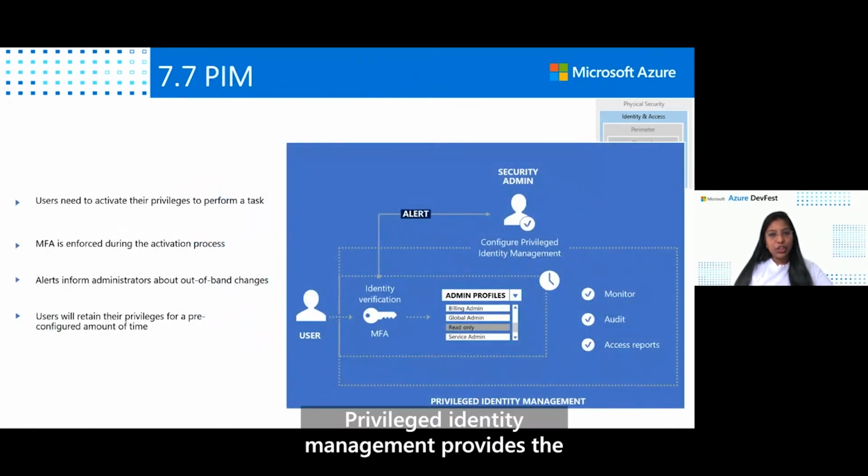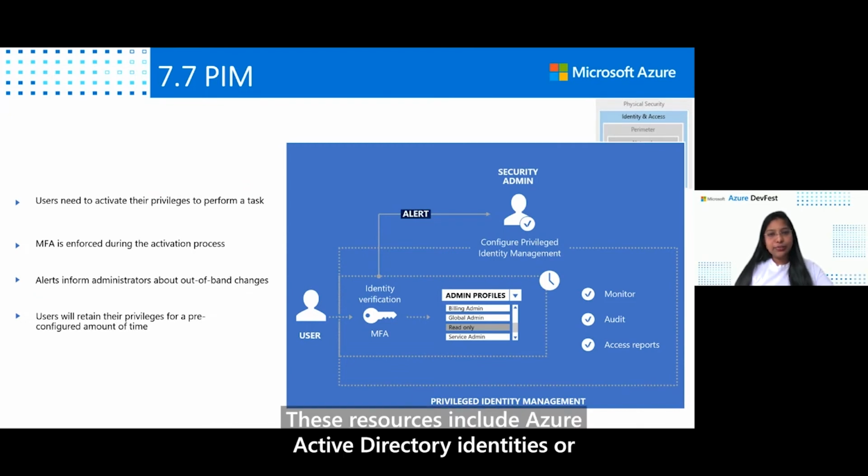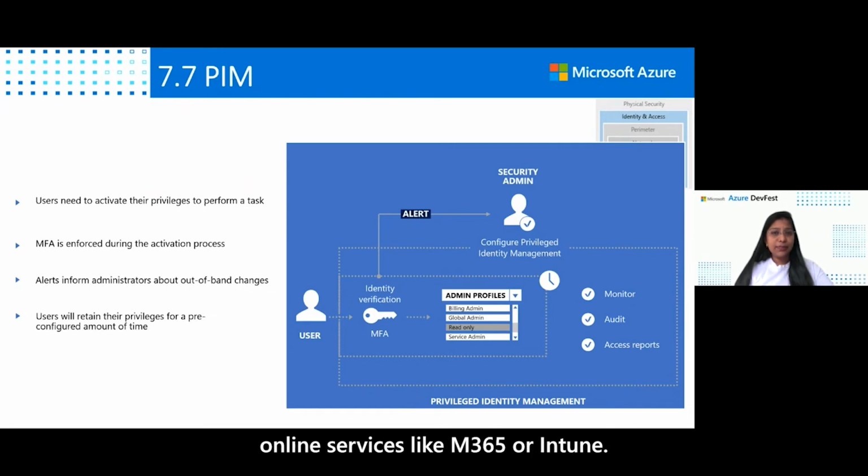Next comes privileged identity management. Privileged identity management provides time-based and approval-based role activation to mitigate the risk of excessive, unnecessary, or misused access permissions to important resources. These resources include Azure Active Directory identities or any Microsoft online services like M365 or Intune.